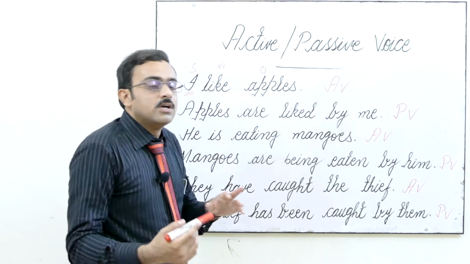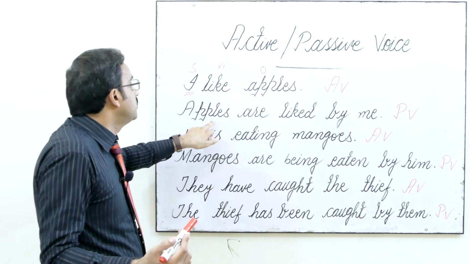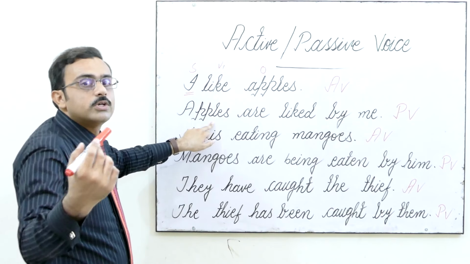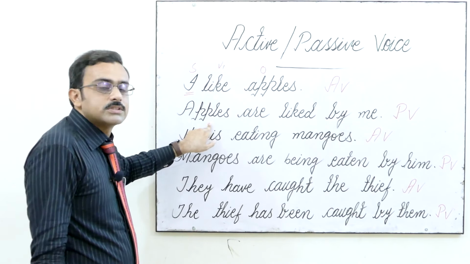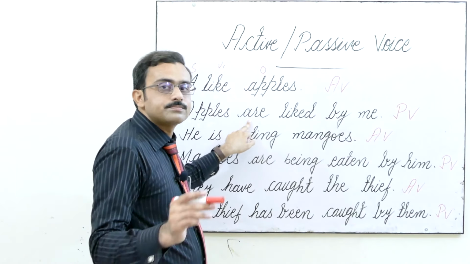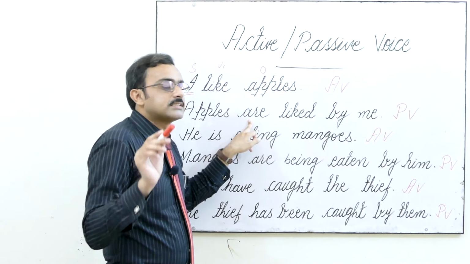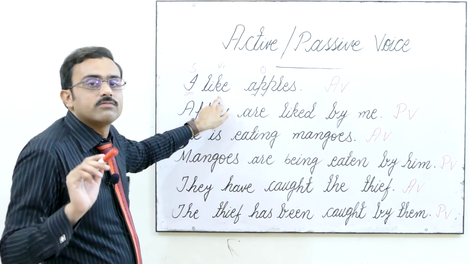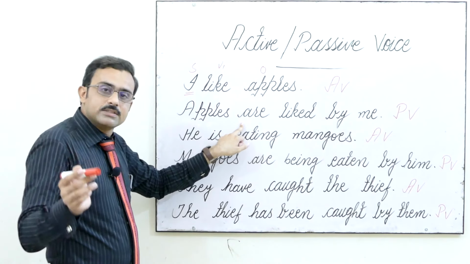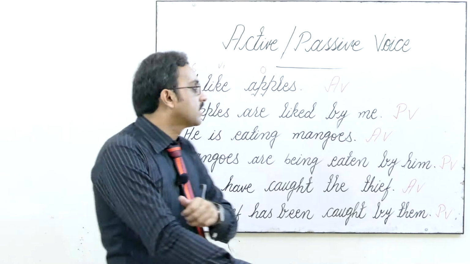So what we did first, we changed object into subject. First of all, we took object at the place of subject. So it became apples. Apples are. In present simple tense, simple sentences, we do not use auxiliary verb. But in passive voice, we use auxiliary is, are and am.